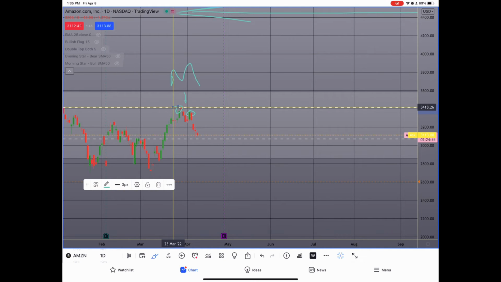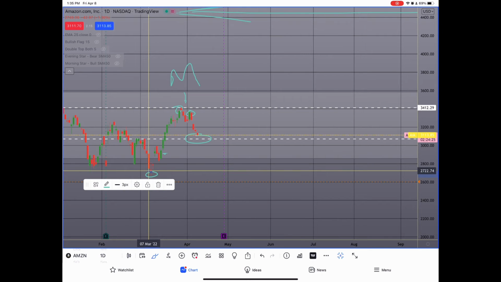Right here I'm looking at a rejection along the resistance. A rejection is like, this is the body of the candle, and this is the wick. If the body of a candle doesn't break a certain zone, but the wick does, that's a rejection. Now I'm seeing a rejection near the resistance level.